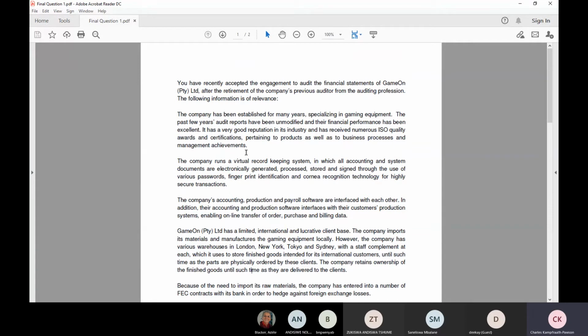So that talks about sound internal controls. In other words, we might rely a bit more on internal controls. That will affect the volume of transactions that we will select for substantive testing.